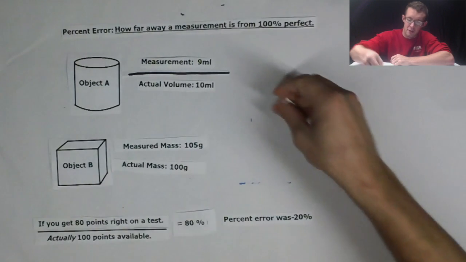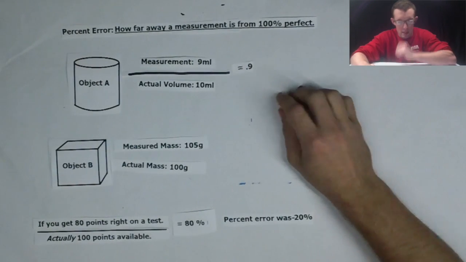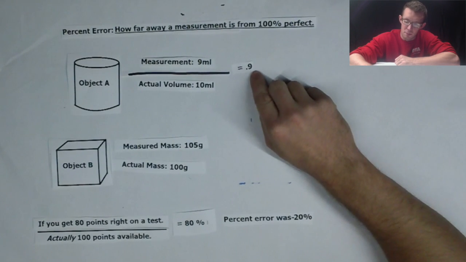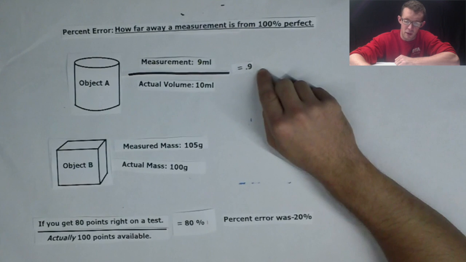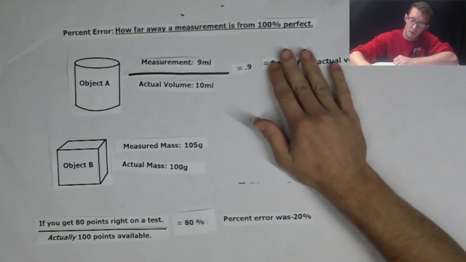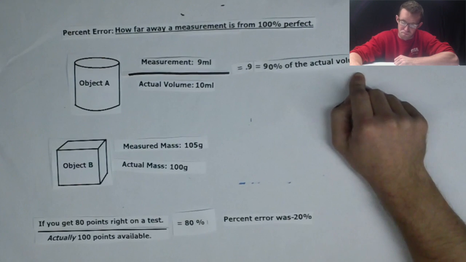And when you plug that into your calculator, you'll get a decimal of 0.9. To convert that into percent, just move the decimal place 2 places to the right, and you'll find that our measurement was equal to 90% of the actual volume.